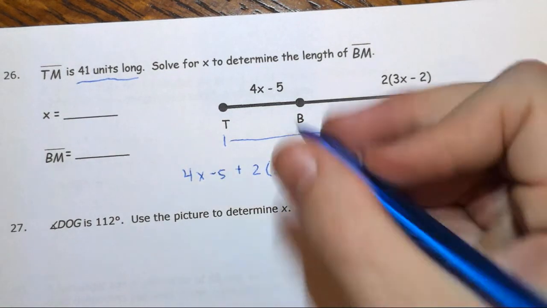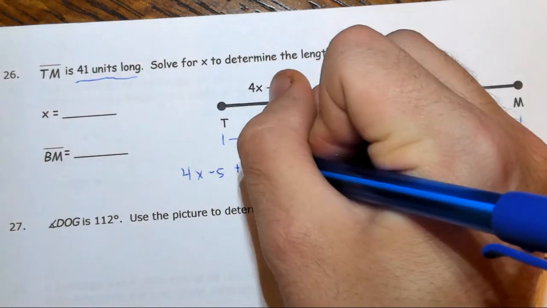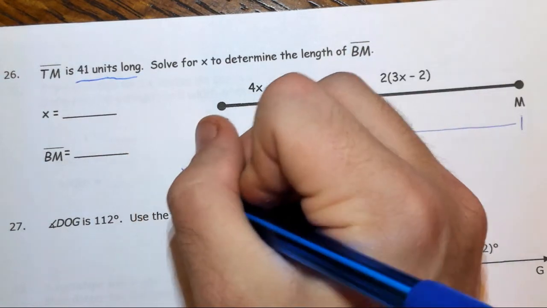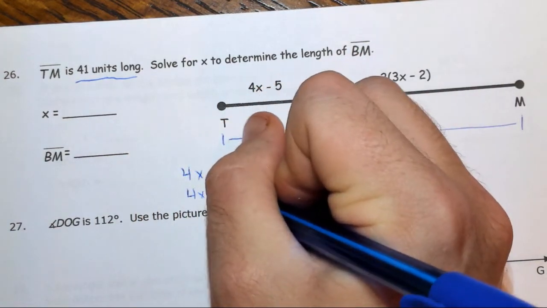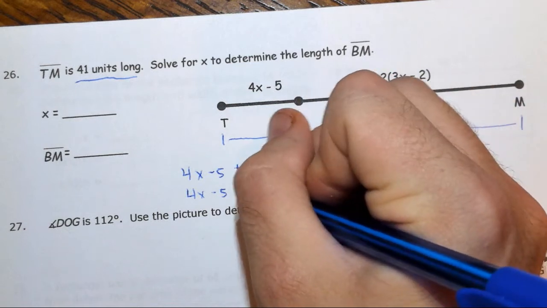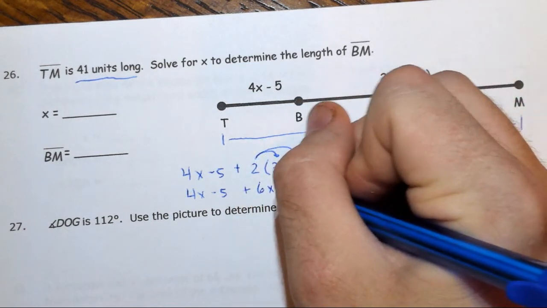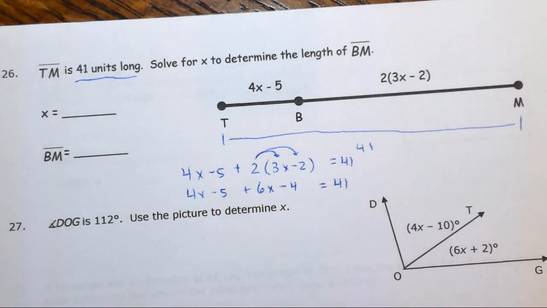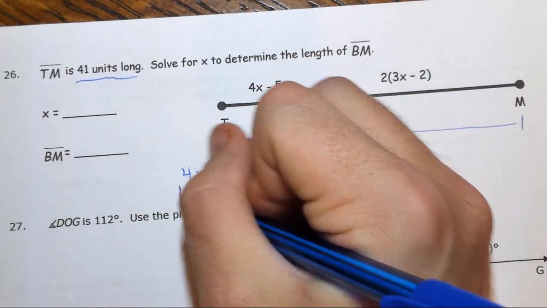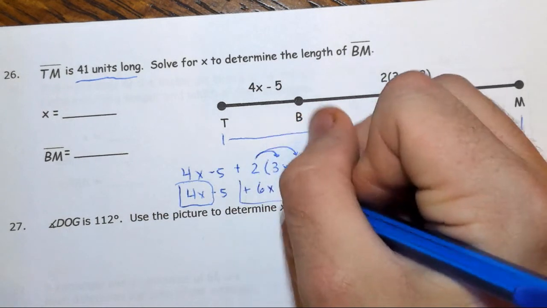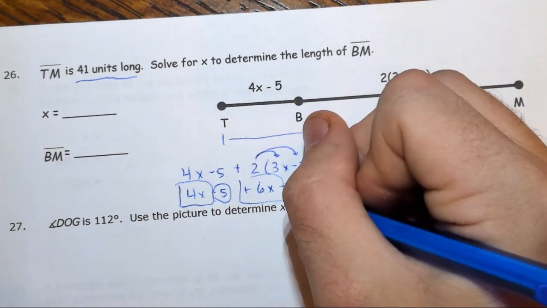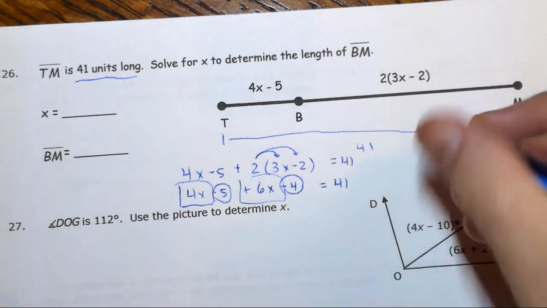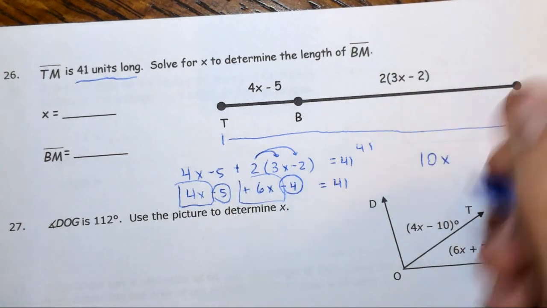Alright, well I have to get rid of this 2, and I get rid of it by distributing. So I have 4x minus 5. 2 times 3, 6x. 2 times negative 2, negative 4 equals 41. Alright, well I can combine my like terms. I have an x over here, an x over here, a number over here, and a number over here. 4x and 6x, I get 10x.